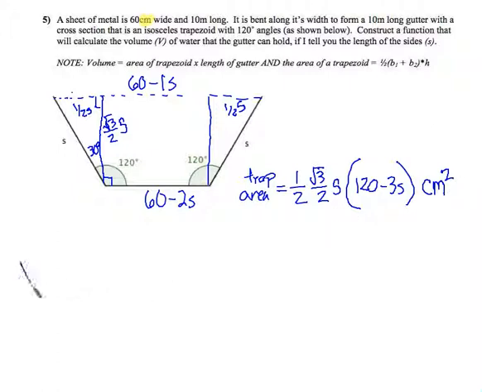So if we want to get the volume, the volume is the area of the trapezoid times the length of the gutter. We're working in centimeters, and there are 100 centimeters in 1 meter, so this is going to end up being 1,000 centimeters, the length of the gutter, times all of this.